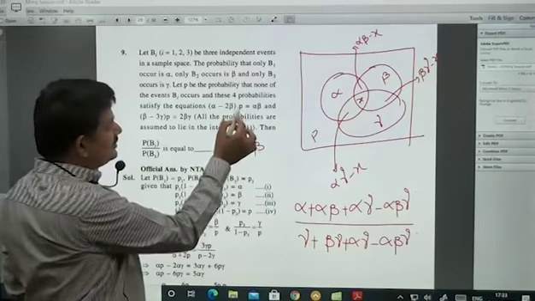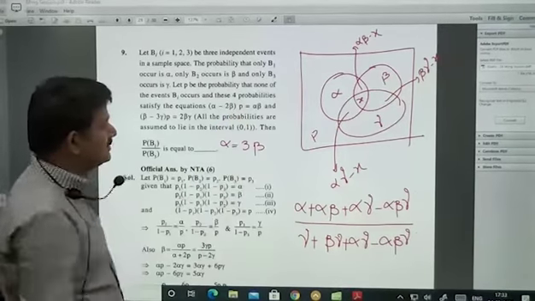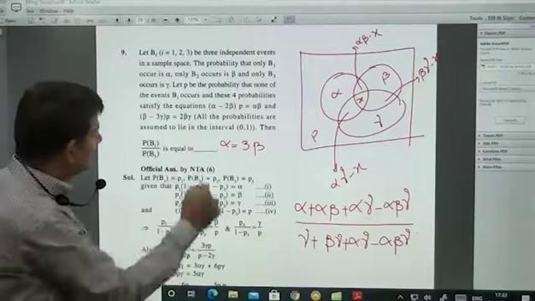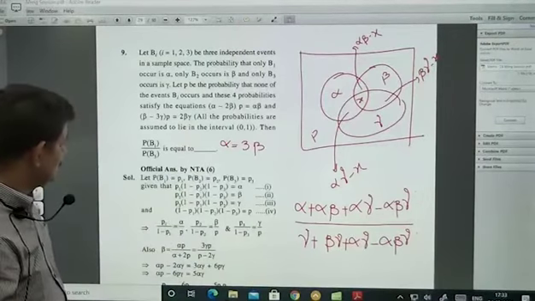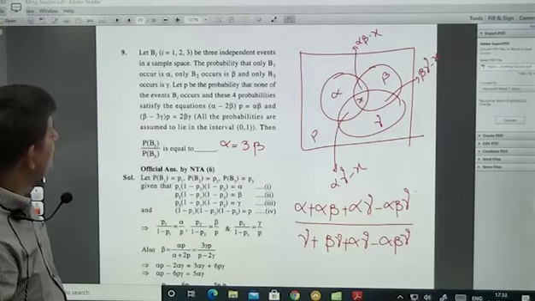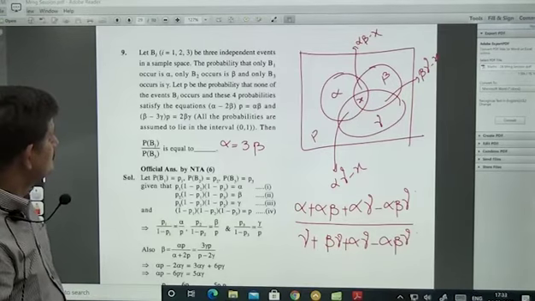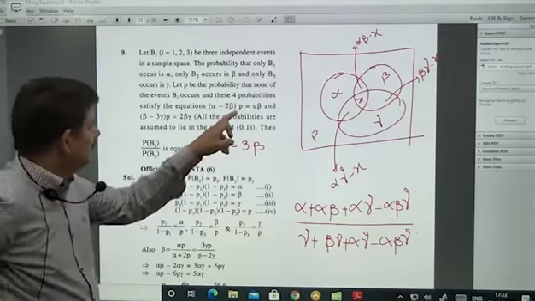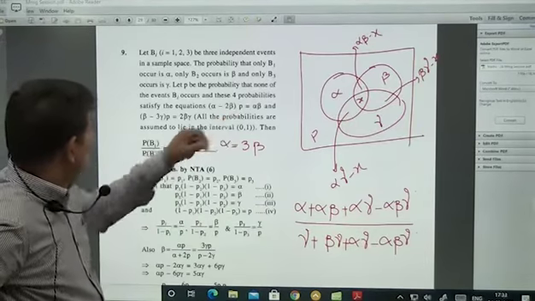Beta is a root of this. If I substitute beta, beta cancels, alpha cancels. Beta is 0. Is it so? Open interval 0 to 1. I substituted beta here.